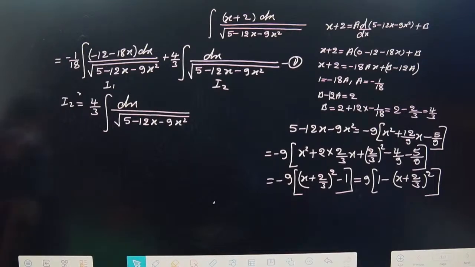I hope that is clear. Now look here very carefully.